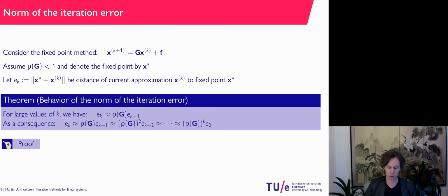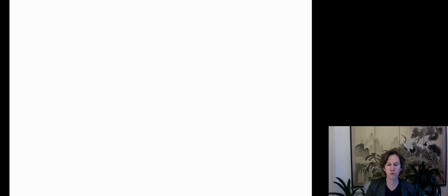So it says here proof. I am going to write again, and I need a little bit of white space to do so. Let me switch to this screen only, and let's try to prove why this holds.